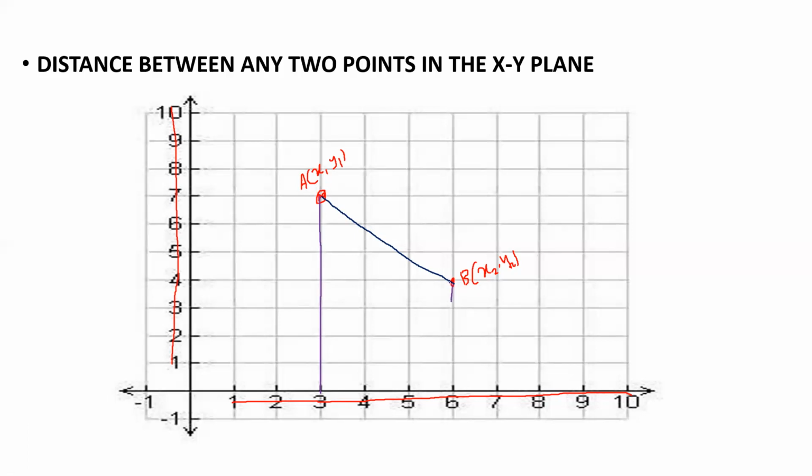Here, the x-coordinates of both the points A and B are x1 and x2. We know the distance between the 2 points according to the x-coordinate is the difference between them, that is x2 minus x1. Let's do the same on the y-axis as well, with the y-coordinates, y1.